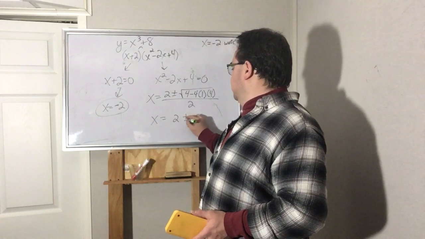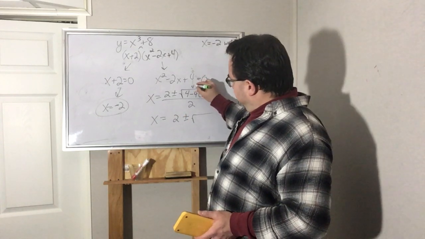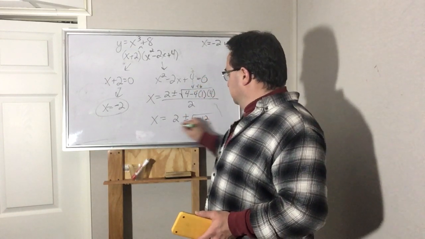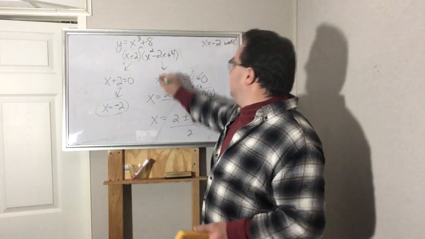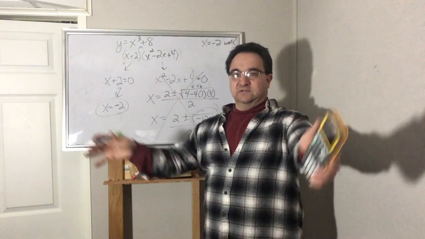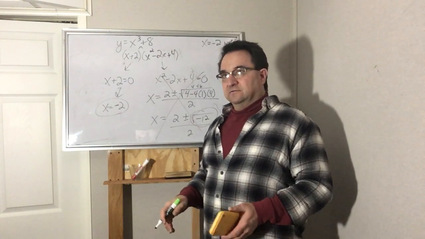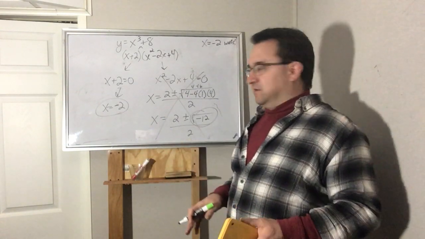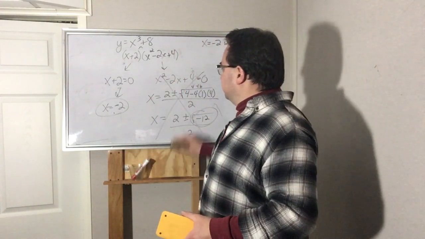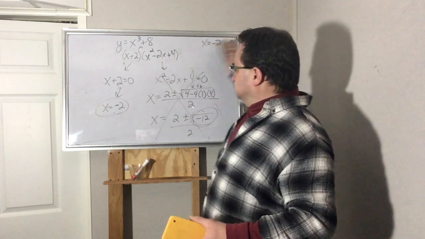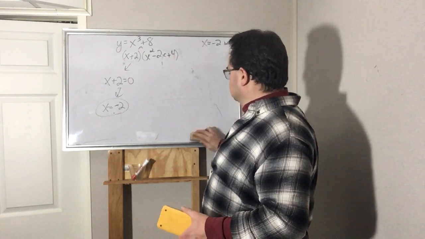X equals 2 plus or minus the square root of 4 minus, that's negative. This is the square root of a negative, so I'm not going to get any zeros. I did all that work and it doesn't contribute any zeros. But the good news is I can shut that down. I don't have to worry about it. There's only one zero.